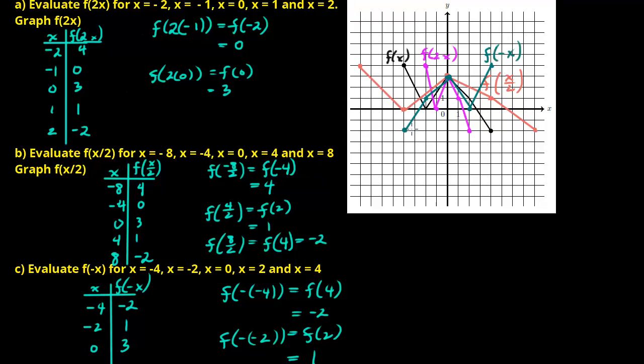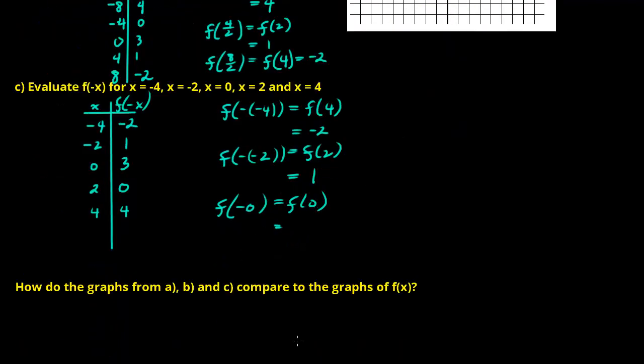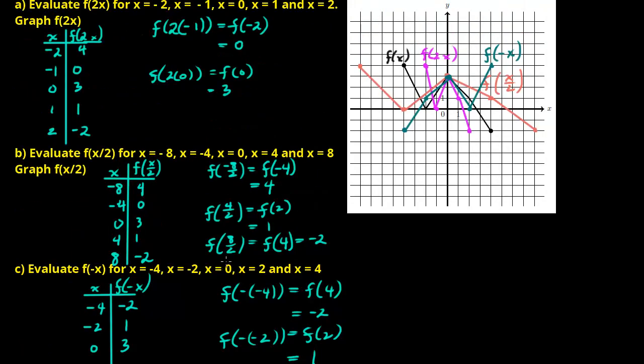The next part of the investigation says, let me scroll down: how do the graphs from A, B, and C compare to the graphs of f of x? There's a couple of really important things that we should note by looking at the graphs.